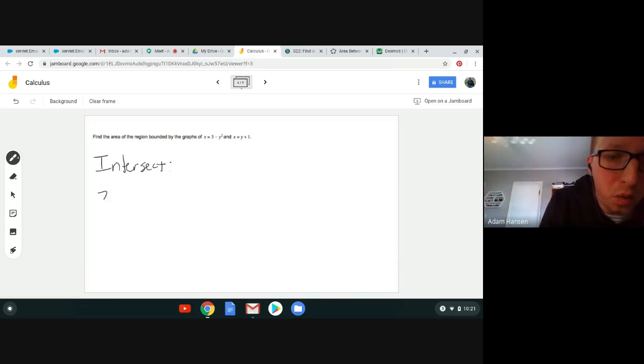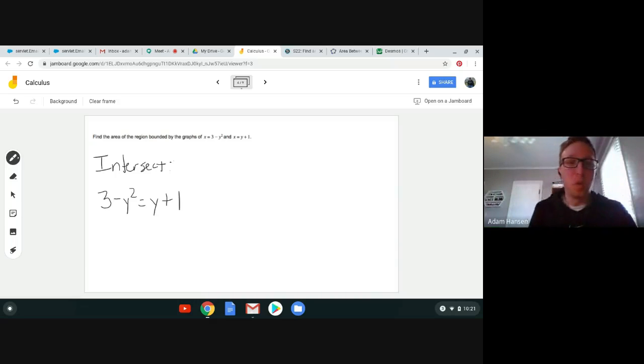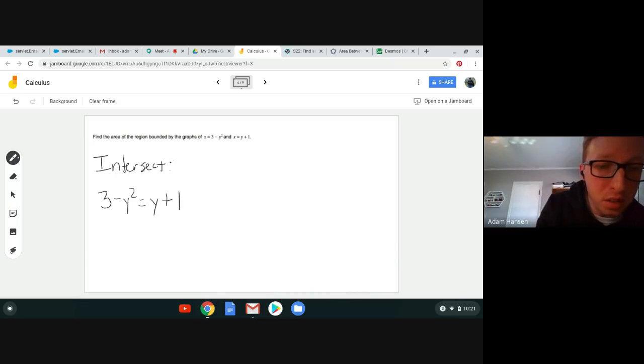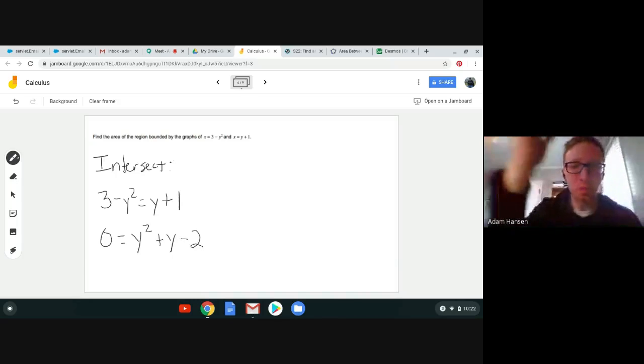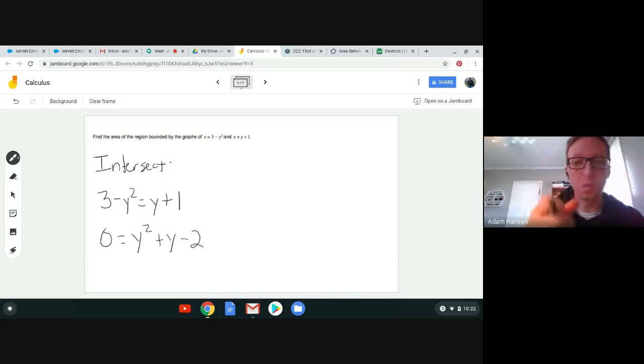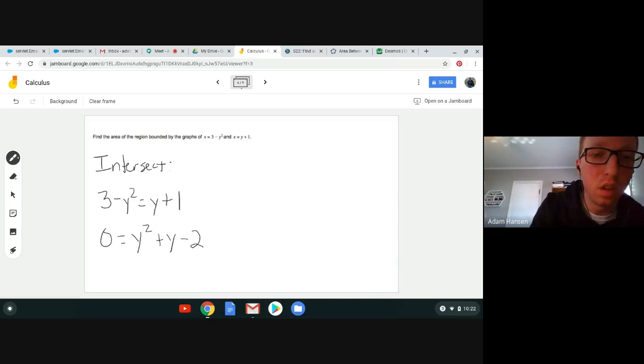So where is 3 minus y squared equal to y plus 1? Well, this is a quadratic function, so I'm going to get 0 on the left by adding y squared, bringing down the y, and then subtracting 3. 1 minus 3 is minus 2. This should factor into a pair of binomials.